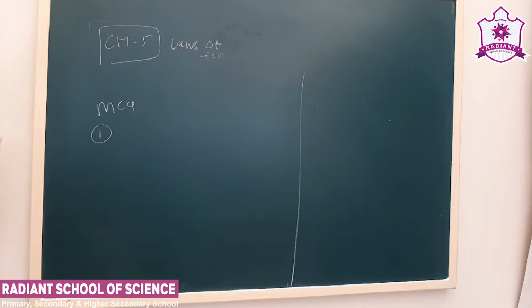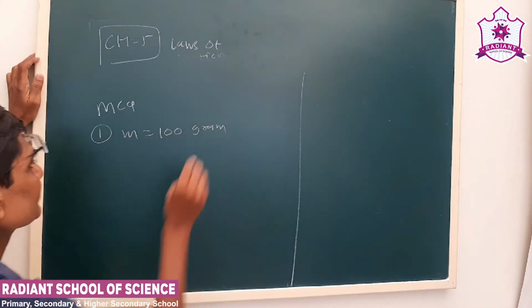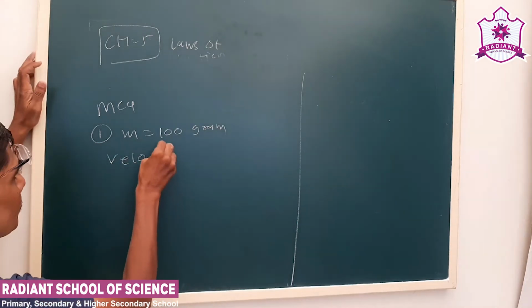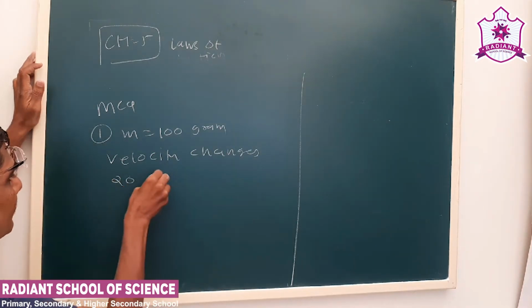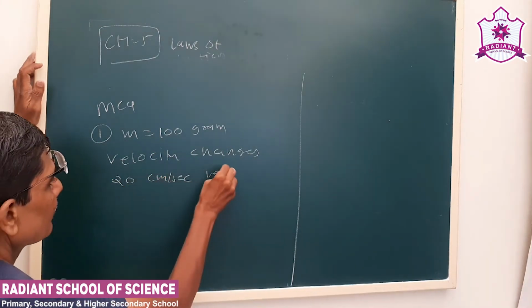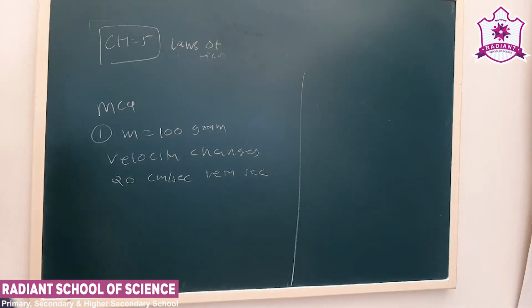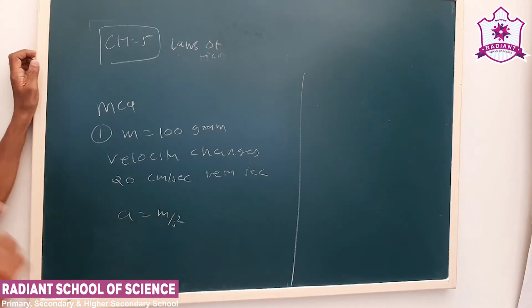See, a force acts on a body of mass 100 gram. Velocity changes by 20 centimeter per second every second. Now we know the unit of acceleration is meter per second square.